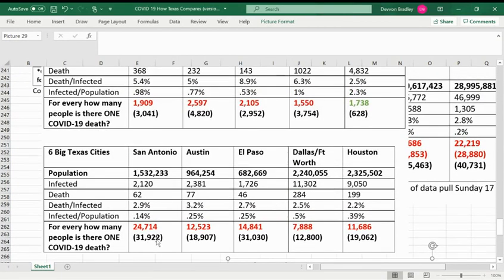I compared the two, and so this number down here is from May 8th, and this row is from May 17th, and the same thing up here, May 8th, May 17th.